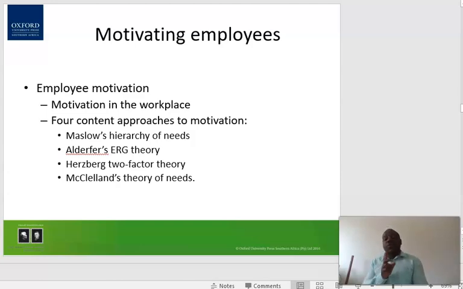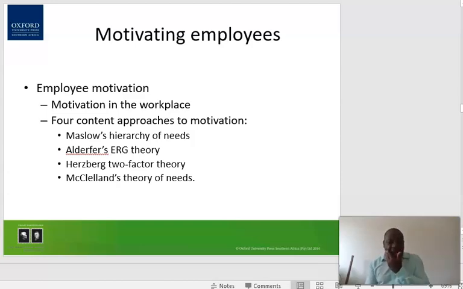So the crux of Maslow's theory is that needs are arranged in a particular hierarchy, or in a certain order, where a lower level need has to be satisfied before a higher level need can emerge. He also said once a need has been satisfied, it ceases to be a motivating factor.